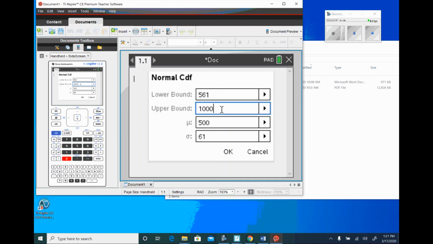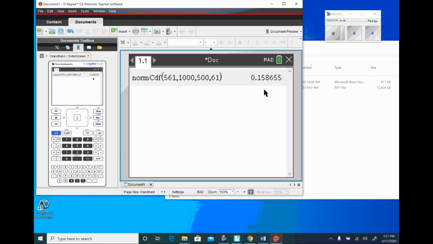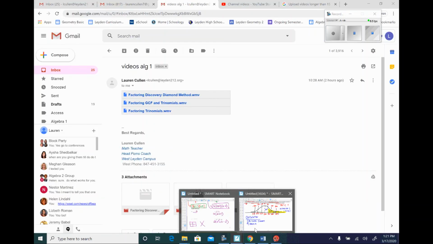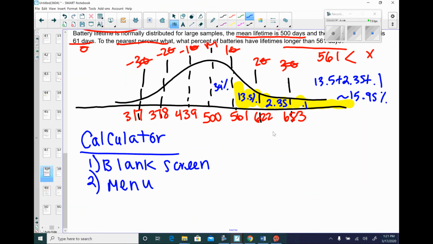You can put in a bigger number. We don't know what our data goes to, so we're just going to stop there. Then we press OK, and here it gives me this. You can multiply by 100 to get 15.86%, or just know that that is a percentage. So we have about 15.8% as our answer.